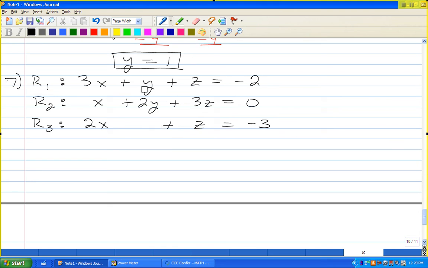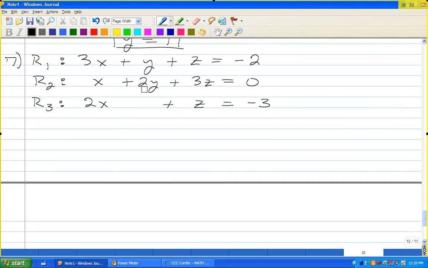So let's eliminate y from the first two equations. So let's do negative 2 R1, because there's a 2 here, so I'll put the 2 in front. There's a 1 here, I'll put a 1 in front.